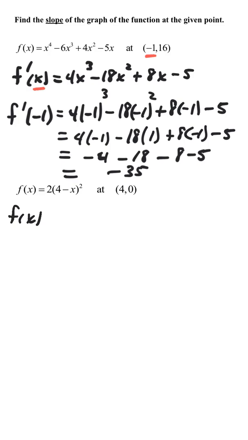4 minus x quantity squared is 2 4 minus x's foiled.